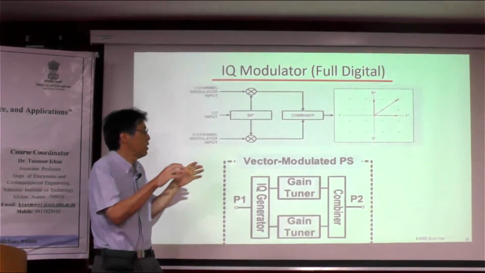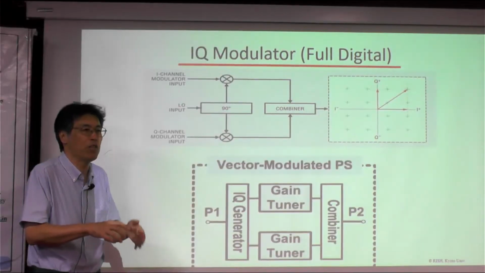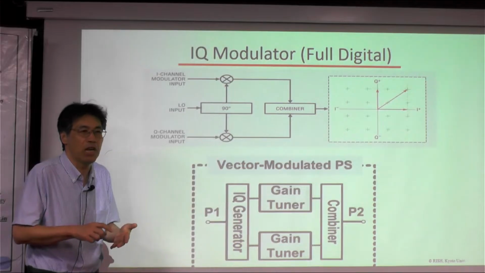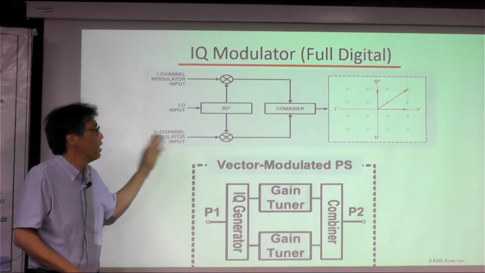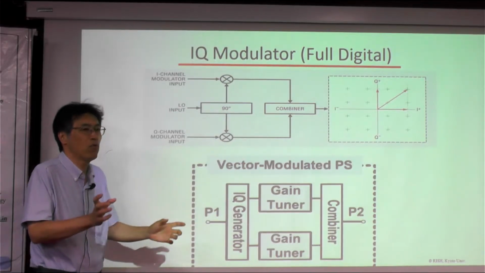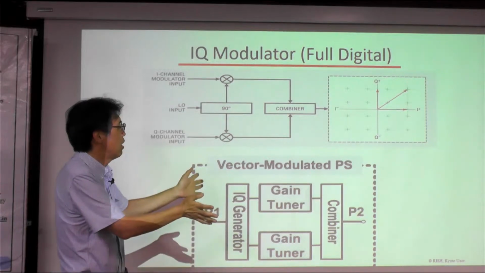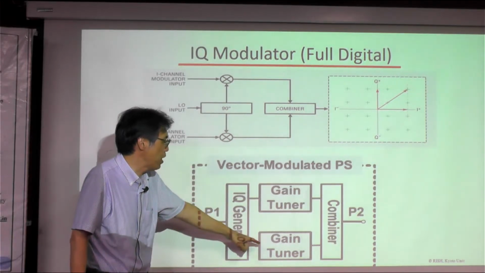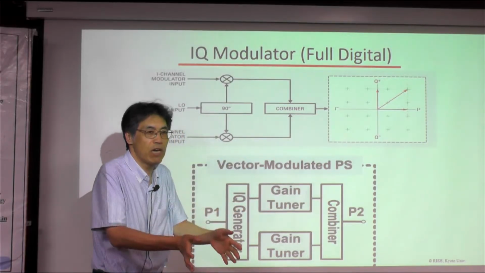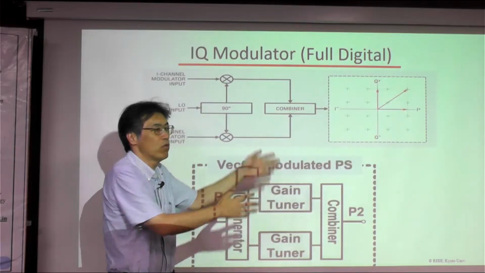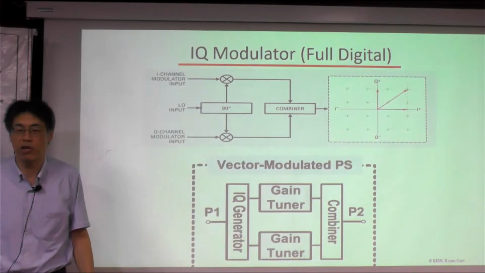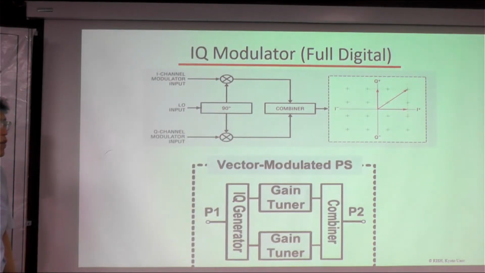So it means the radio wave can be explained with cosine theta plus j sine theta. With the help of this real factor and imaginary factor, I and Q, we divide the radio wave once, and we control the gain, and again we merge this gain-controlled signal, and as a result, we can control the phase from the merged signal. So this is a very simple explanation of the digital beam forming networks.